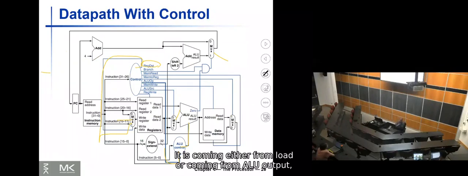It is coming either from load or from the ALU output, one of these two coming from here. Oh, no, this is reg destination. What does the reg destination do?